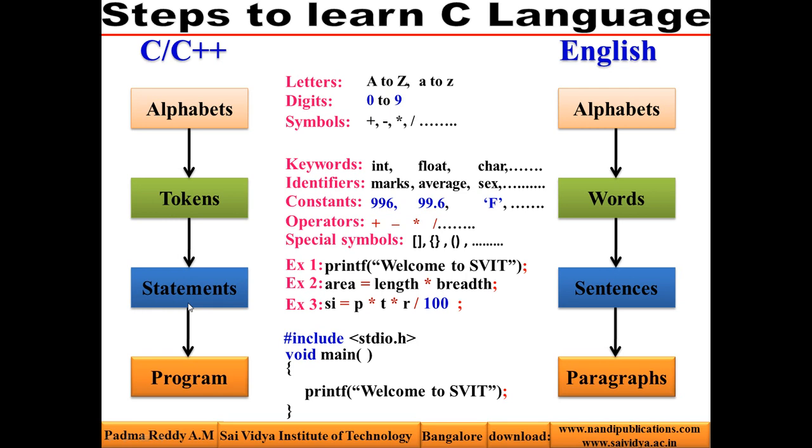In the third step we learn how one or more words called tokens are grouped together to form meaningful sentences or statements. And in the last step we see how one or more statements can be grouped together to achieve a specific task. Now we see the alphabets in detail.